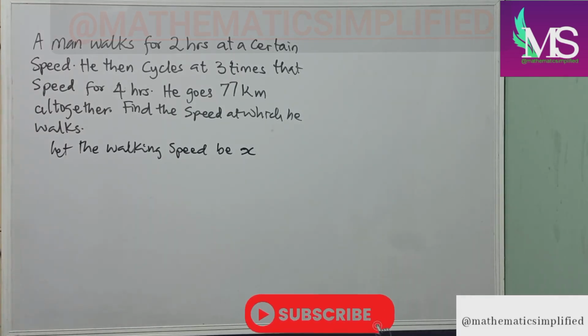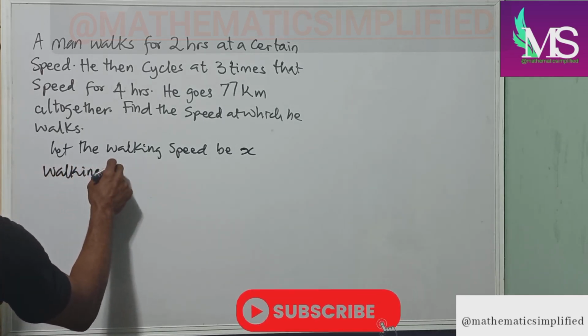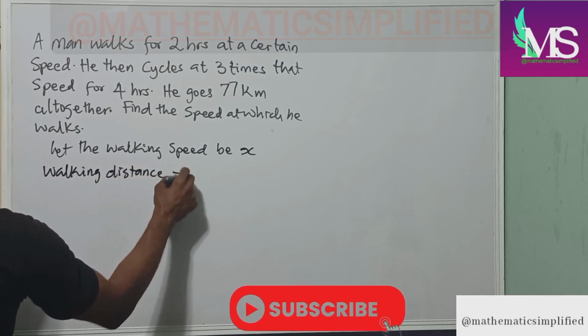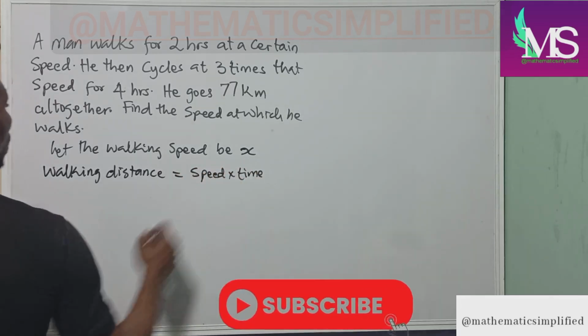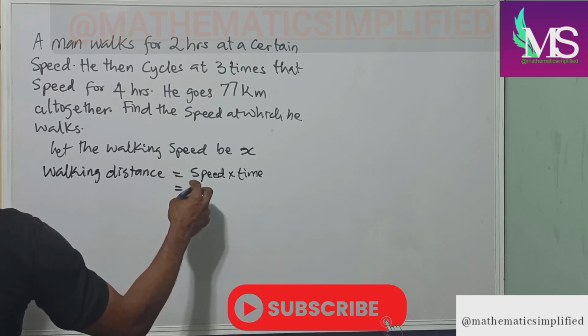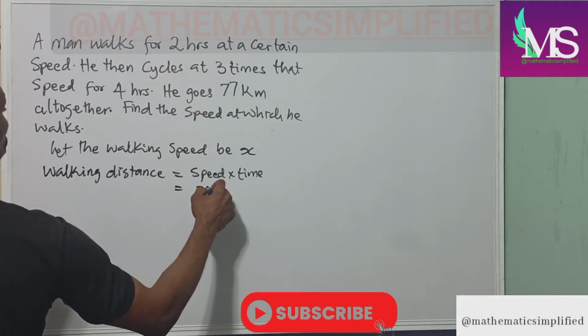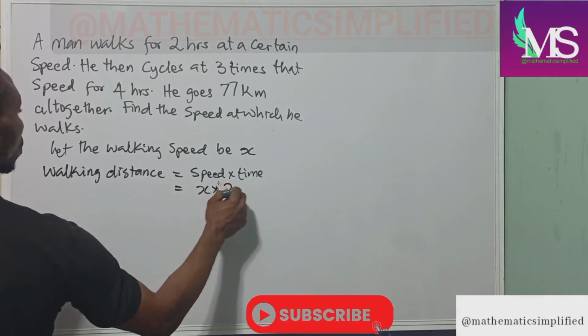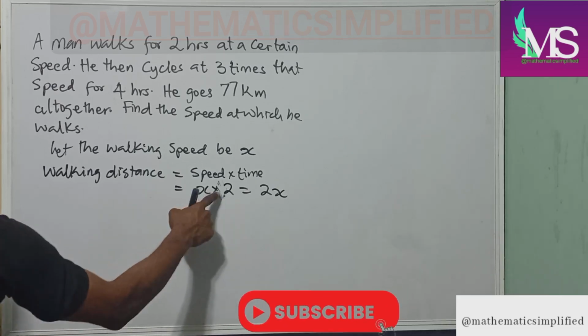Now, if our walking speed is x, the distance covered walking is speed times time. Speed is x and the time is 2, so 2 times x gives us 2x. So his walking distance is 2x. That means the distance covered is 2x.